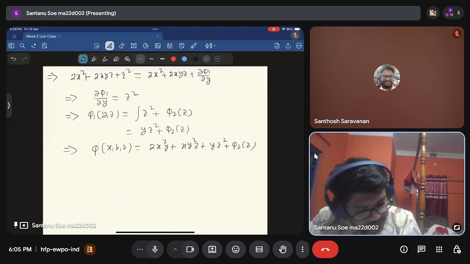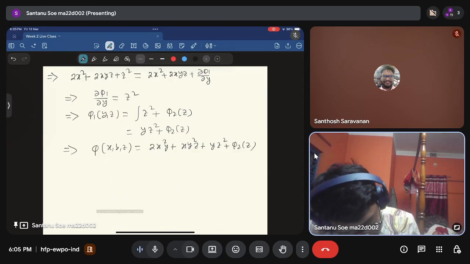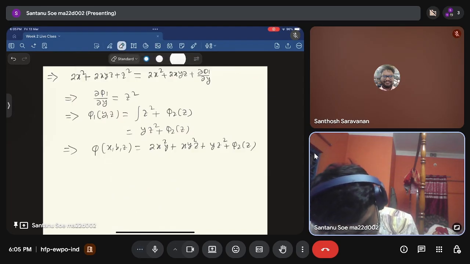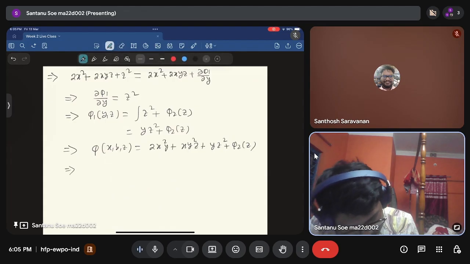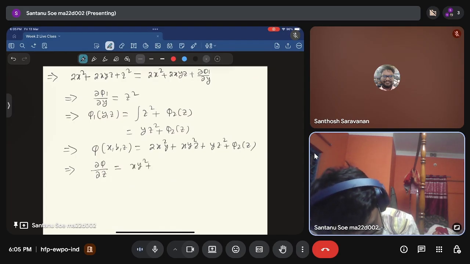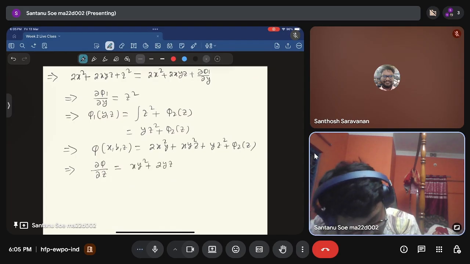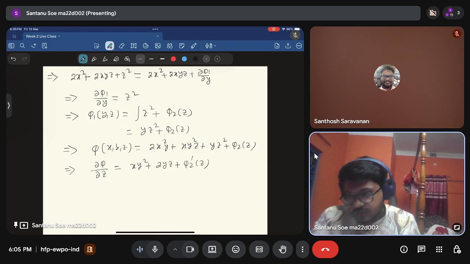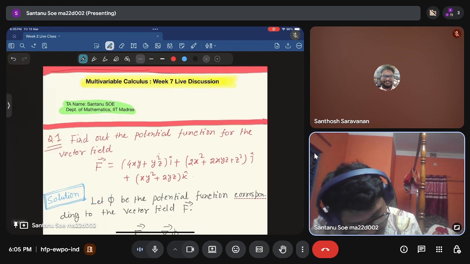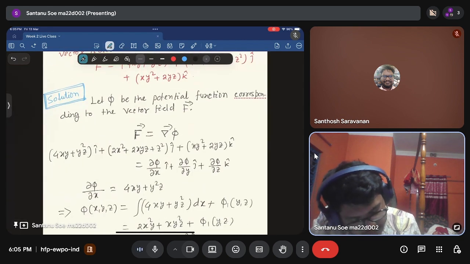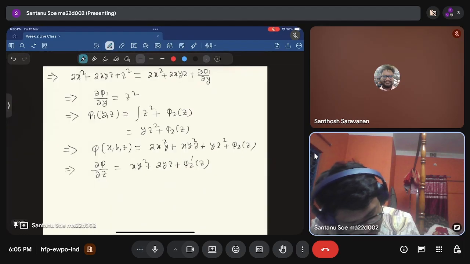Okay. So now again we can do the differentiation with respect to z, that is del phi by del z. So this is gonna be xy square plus 2yz plus phi 2 prime of z. Okay. So now we can compare this del phi by del z, which is xy square plus 2yz.